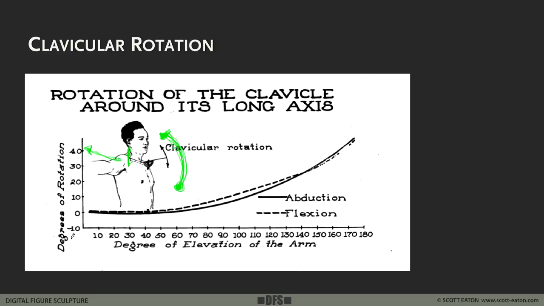Okay, so really what this graph says is the clavicle is not rotating on itself at all until probably about 60 degrees, but from 60 degrees to 180 degrees it goes in almost a linear fashion, though it actually accelerates a little bit as you go higher and higher with your arm out to the side.